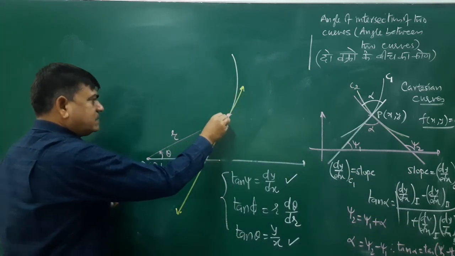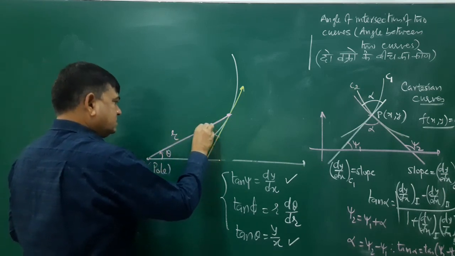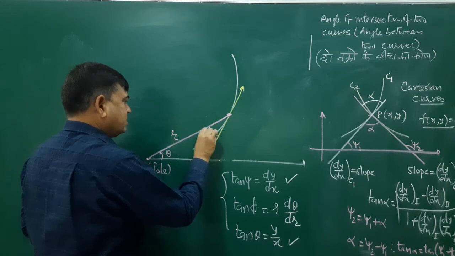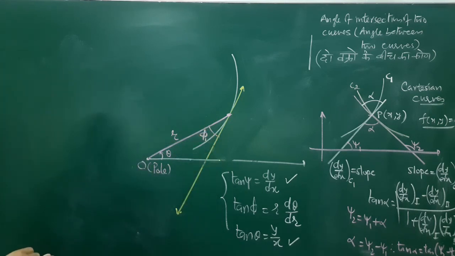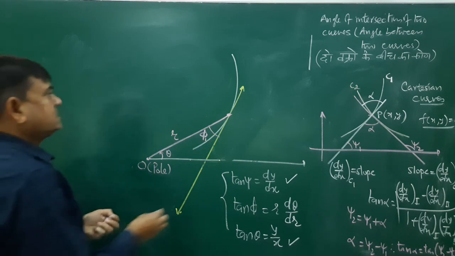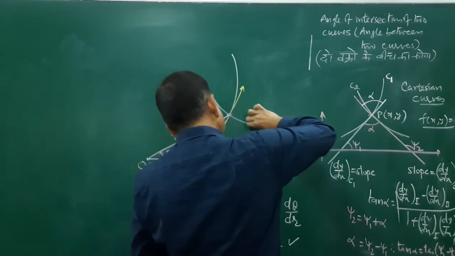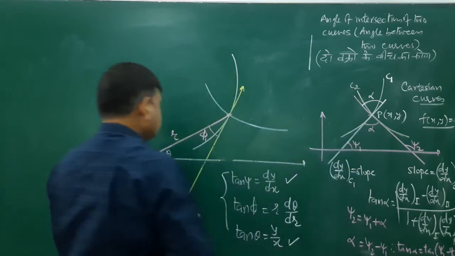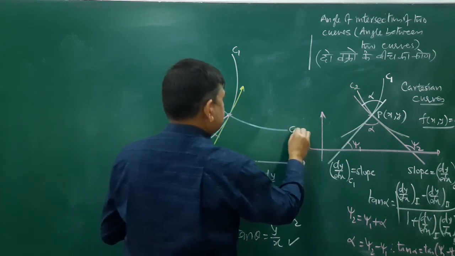Okay, now we use, suppose this is phi 1 for example. I consider another curve, second curve. This is C1 and this is C2.